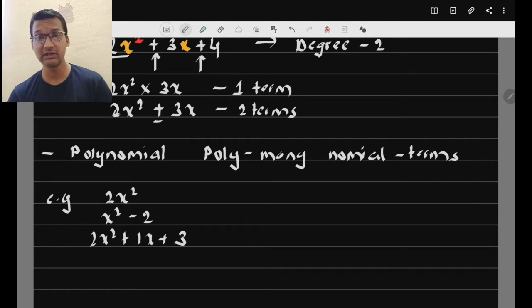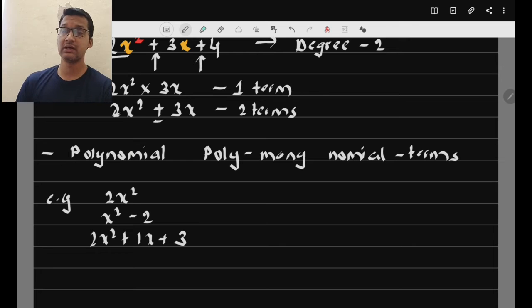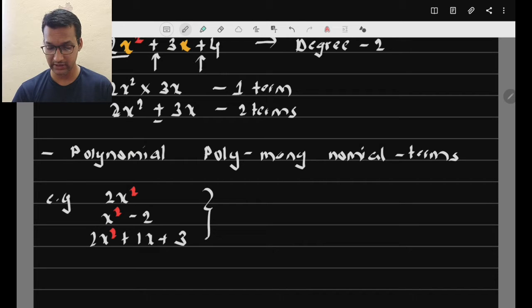This has three terms, and this is also a quadratic equation, because in all of these the variable has highest power 2. So no matter how many terms there are, we have to focus on the highest power of the variable. If the highest power of the variable is 2, then it is a quadratic equation. These all are quadratic equations.